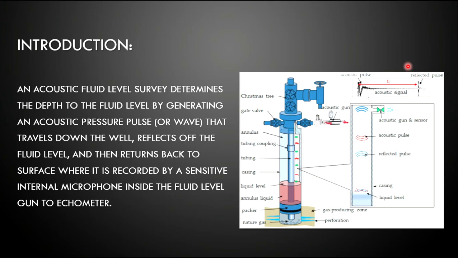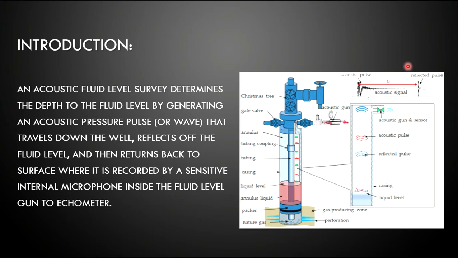As you see in the figure here, the strips show the acoustic signal. This is inside the Echometer, and it comes out in the form of strips.